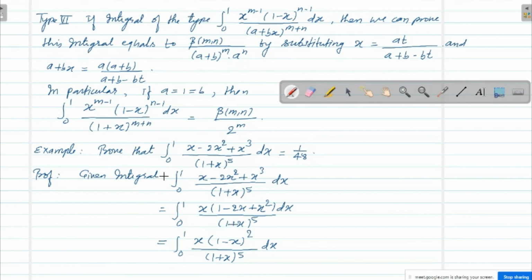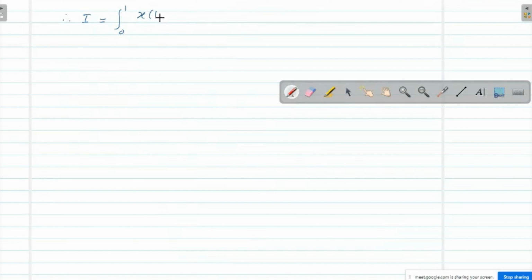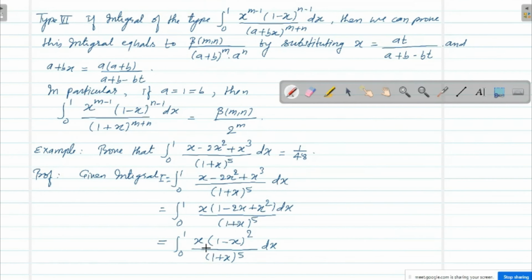Let us name this I. Therefore I equals the integral from 0 to 1 of x(1 - x)² dx divided by (1 + x)⁵. Is this correct? x times (1 - x) whole square, then (1 + x) whole raised to 5.